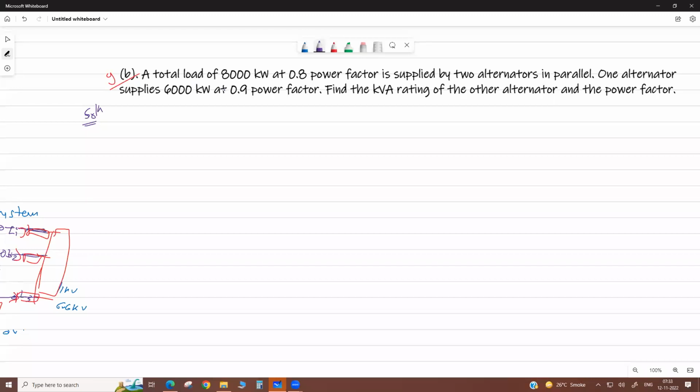One alternator load is given as kilowatt and 0.9 power factor. Now he is asking the kVA rating of the other machine.